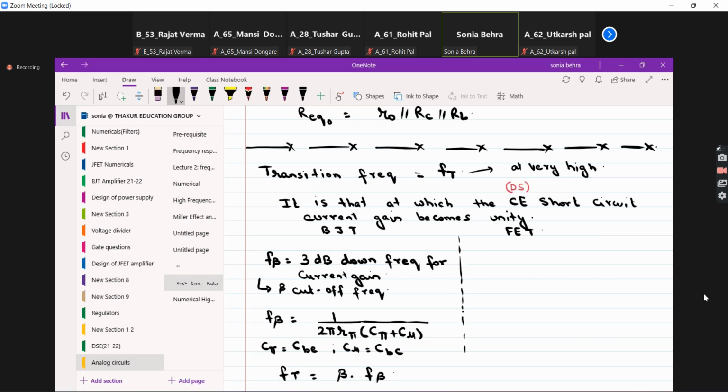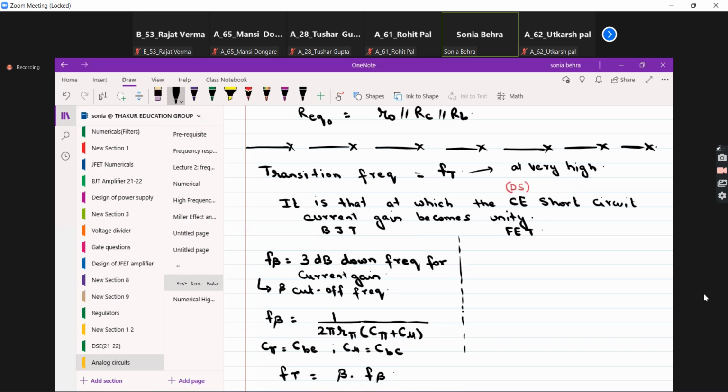If BJT, then common emitter short circuit, otherwise it is drain source short circuit. Clear with transition frequency. For BJT you find out F beta, which is nothing but your beta cutoff frequency, the frequency at which your current gain is 3 dB down from its maximum value. And its formula is 1 by 2 pi R pi (C pi plus C mu). FT is beta times F beta.